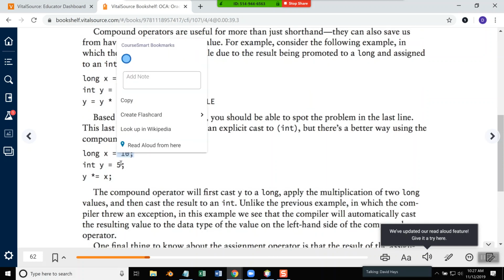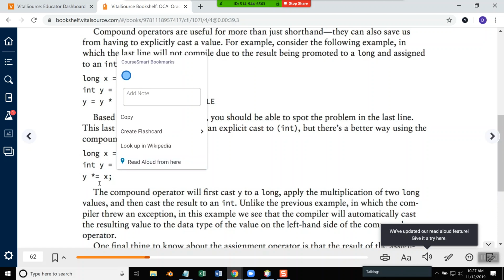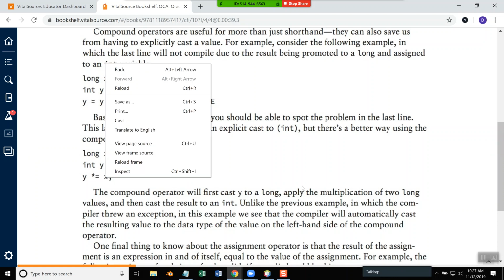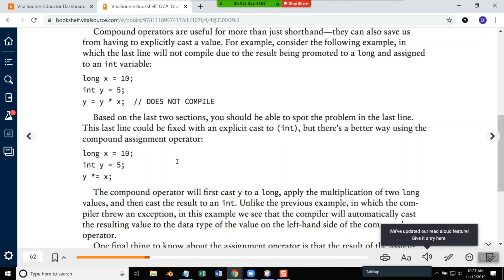Okay, long. This is an integer. We'll first cast y to a long. So I guess x is. That's interesting.